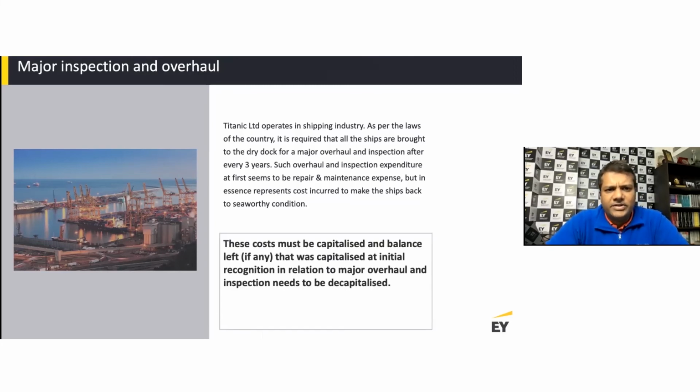Essentially, the cost must be capitalized, and the balance that was capitalized at initial recognition in relation to major overhaul and inspection needs to be de-capitalized. We'll further understand this with the help of a better example with some numbers as to how all of that needs to be done. But the important thing to remember is that inspection and overhauling costs are not necessarily always to be classified as repair and maintenance.